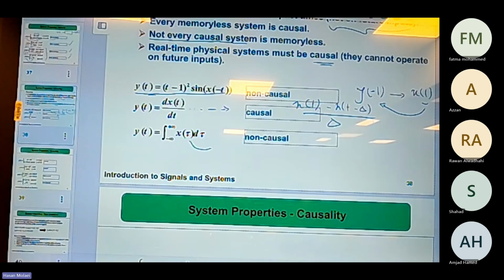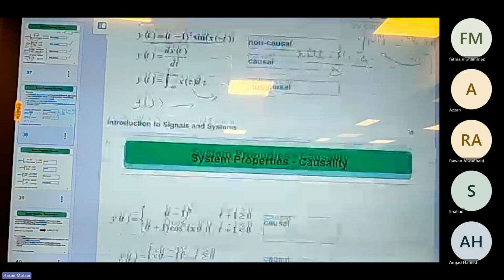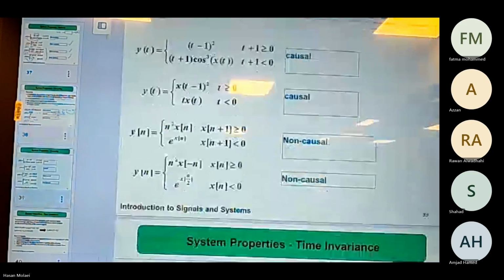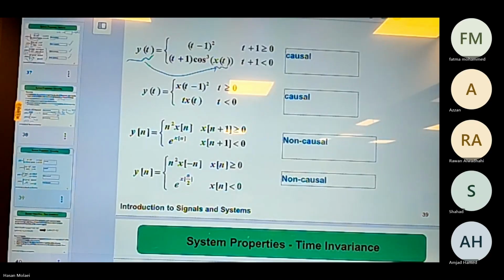How about this one? Obviously, y1 depends on all x. This one exactly depends on the current x, so it's causal.